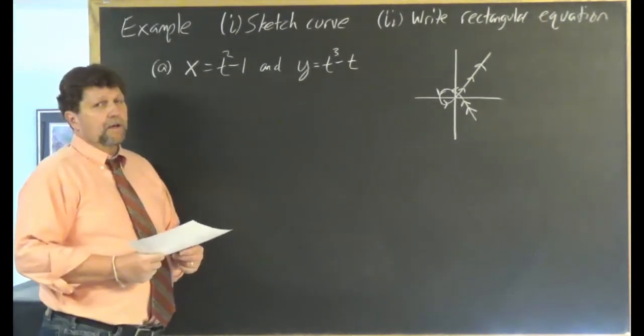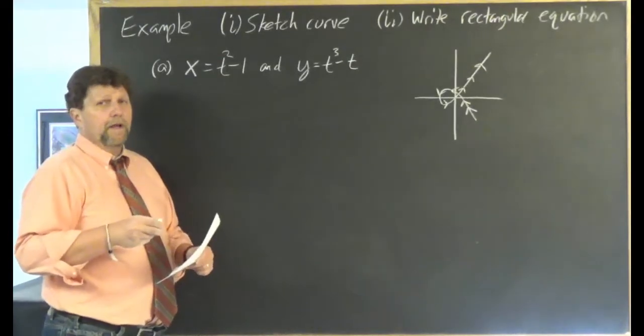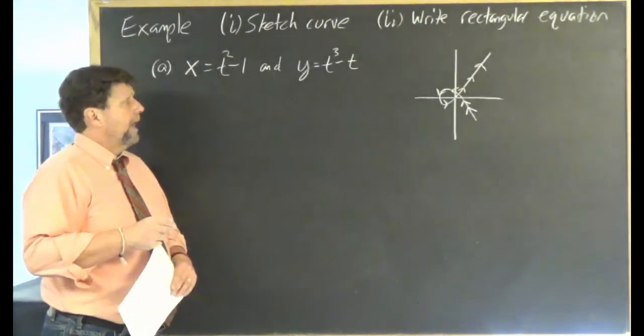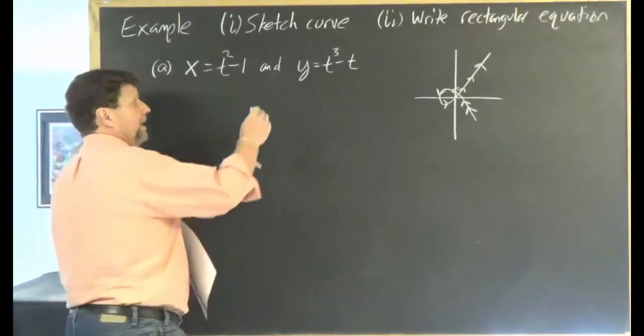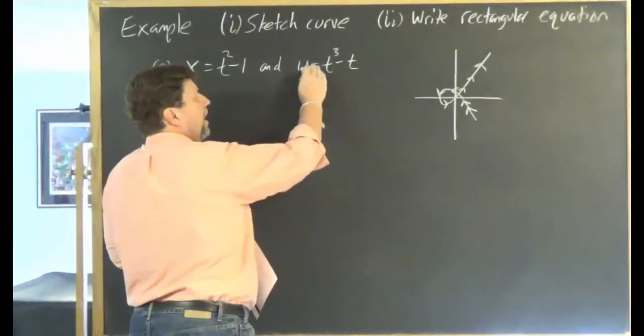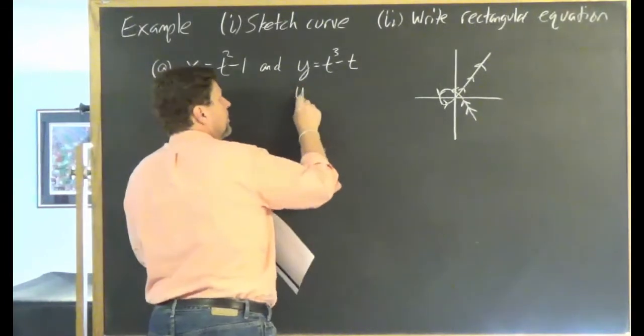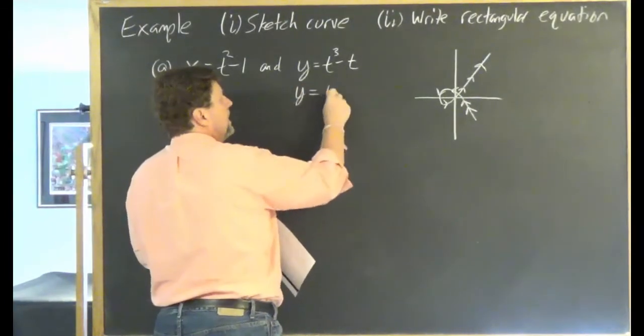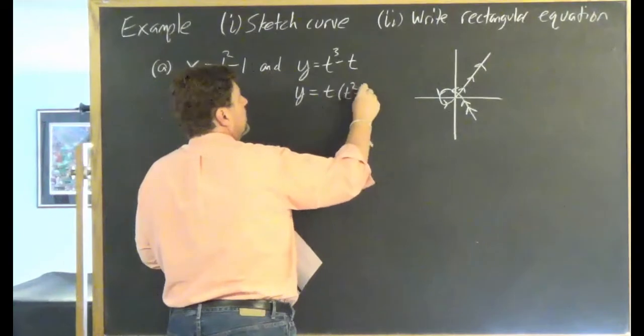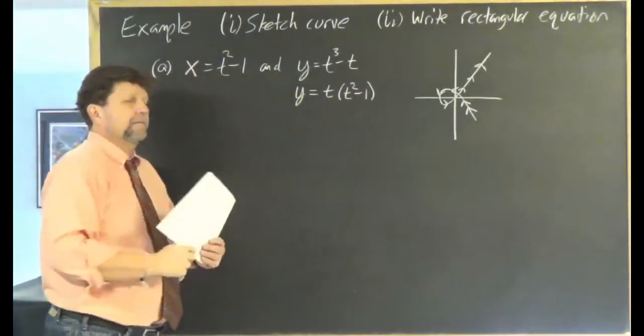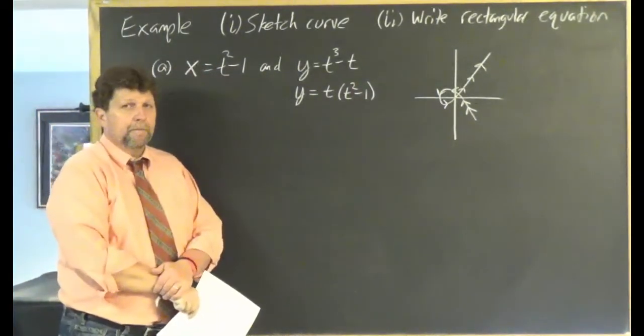Okay, now this one isn't quite as straightforward. One thing that jumps out immediately at me is my y is t cubed minus t. I could factor out a t, and that leaves me with t times t squared minus 1.